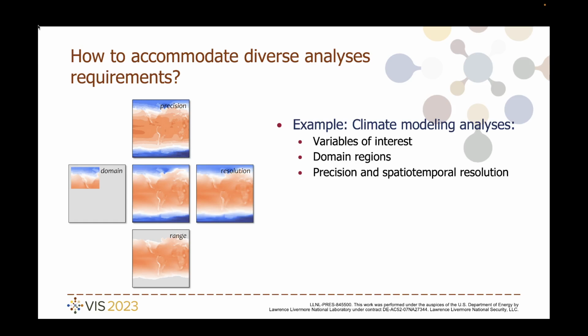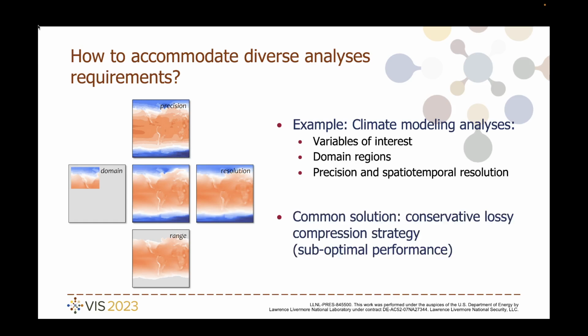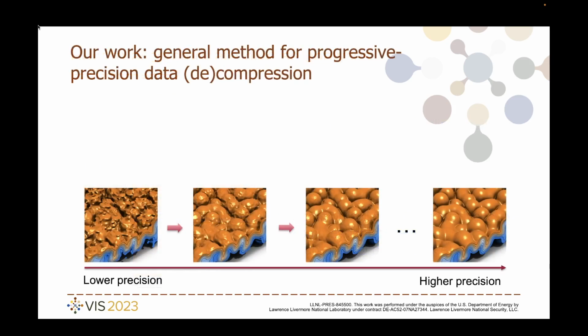Each of these analyses pose different constraints on how much information can be discarded when compressing simulation results, and usually a conservative lossy compression strategy is taken to meet the most strict analysis requirements, which leaves performance out of the table.